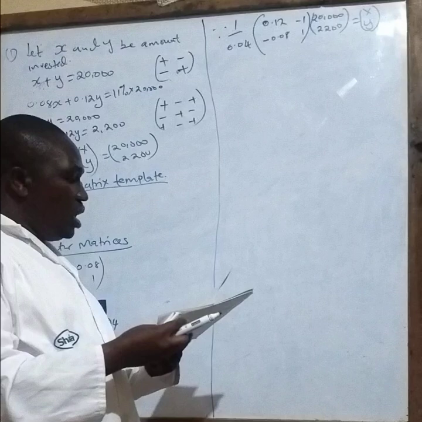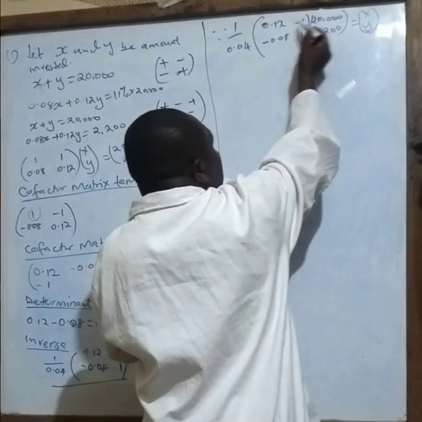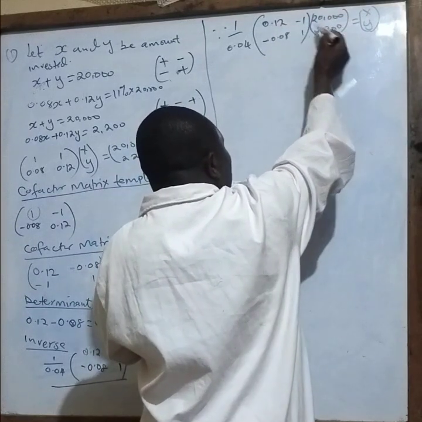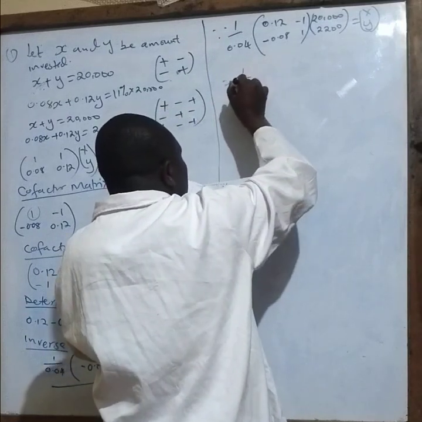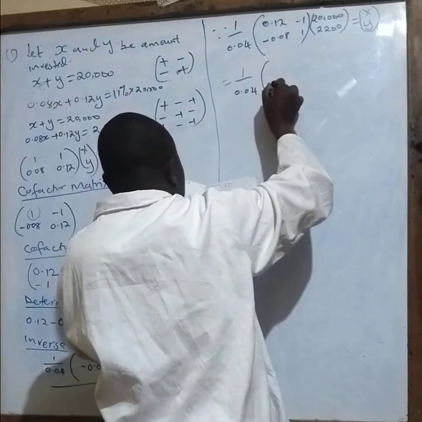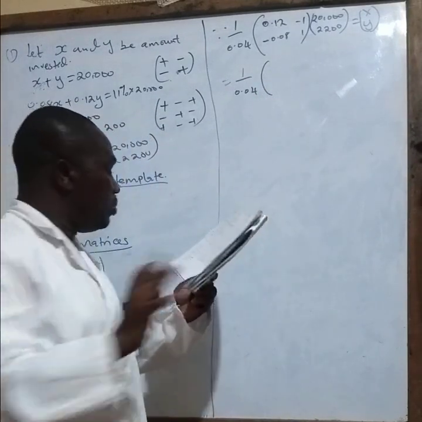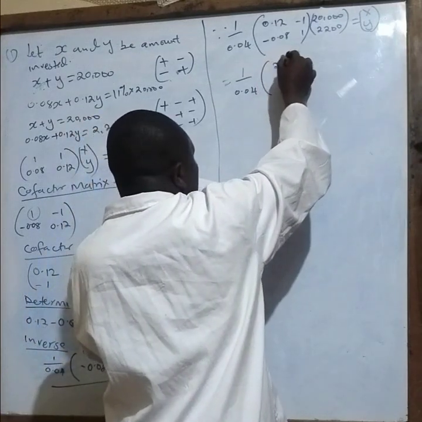So therefore, if you now press your calculator very well, if you say 0.12 times 20,000 minus 0.1 times 2200, your likely answer is 0.04 into brackets. If you press your calculator very well without any problem, your answer here will be 200.